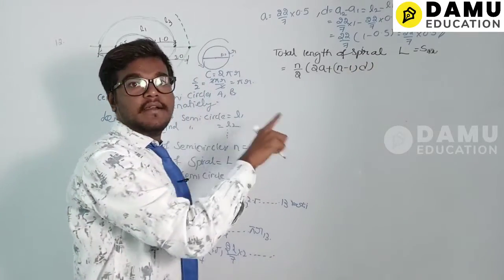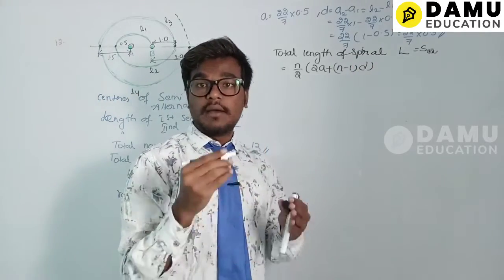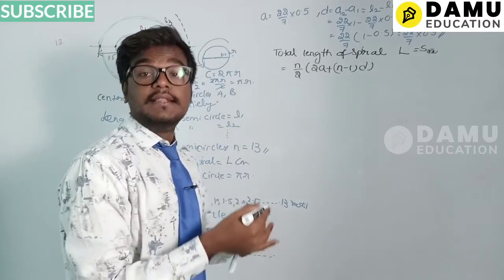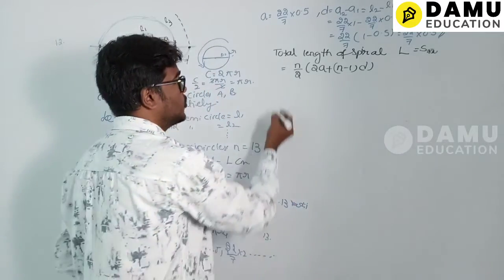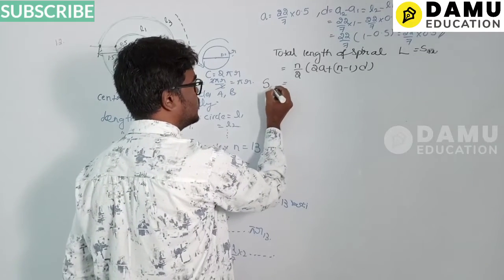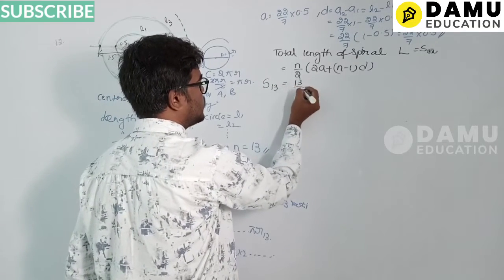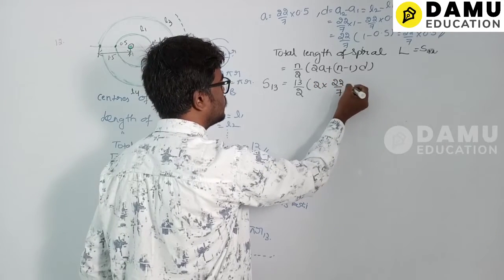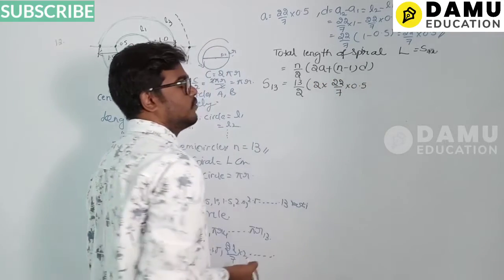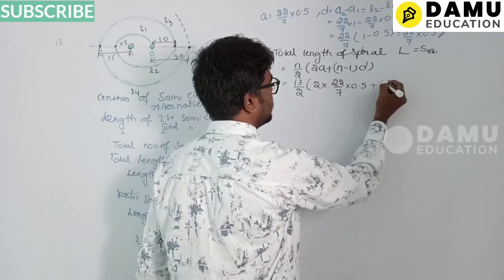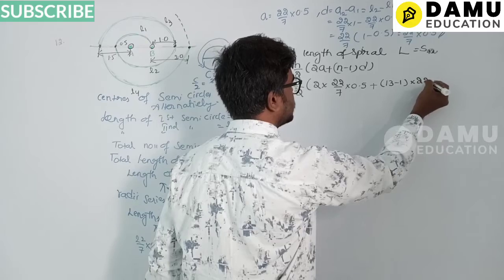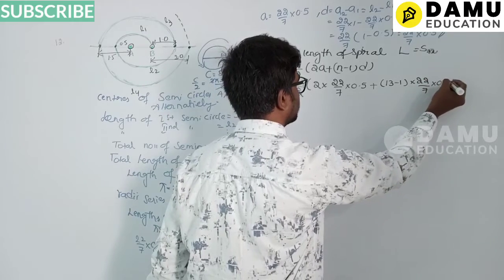So this is the formula for total length, or sum of n terms, or you can add the total length of the semicircles. So n will be equal to 13. So S13 is 13 by 2 into 2 into 22 by 7 into 0.5 plus 13 minus 1 into the common difference, 22 by 7 into 0.5.